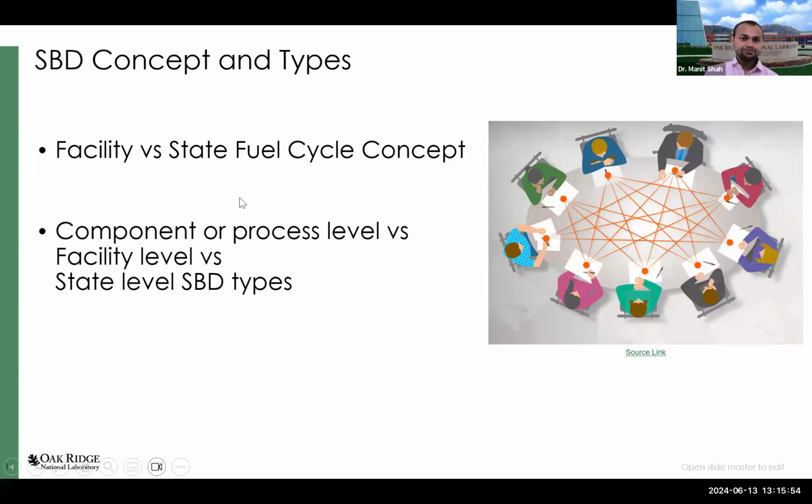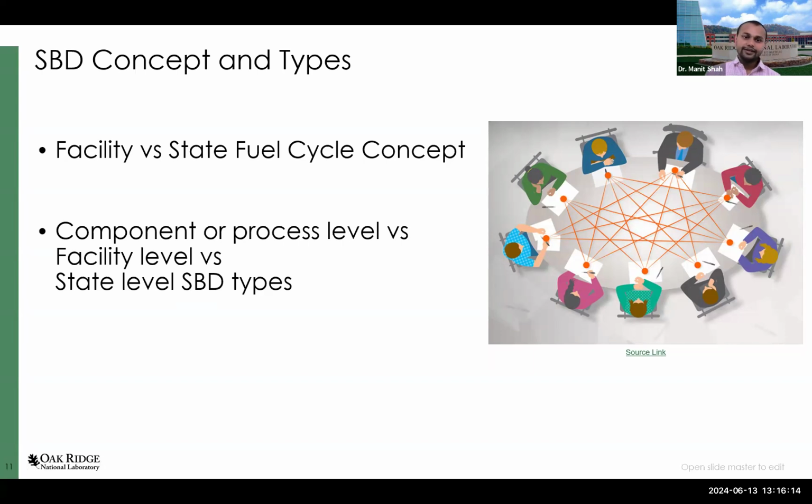And in terms of type, it could be component or process level, where only a particular aspect in the facility is changed, may that be a change in the valve or a change in the pump, something like that. That would be at a process or component level.